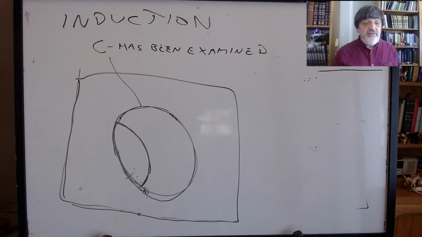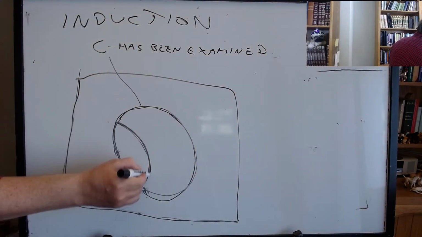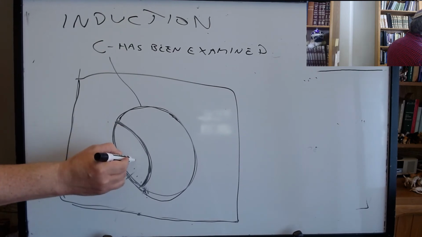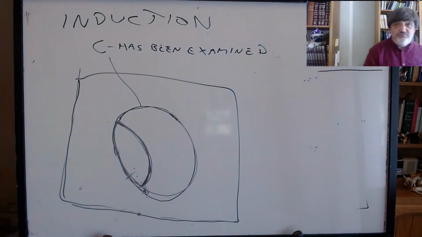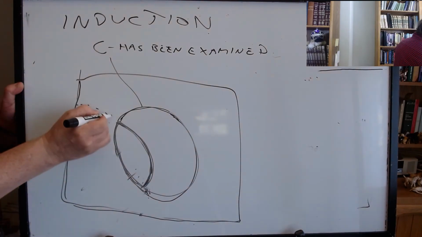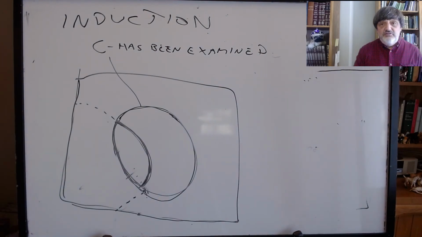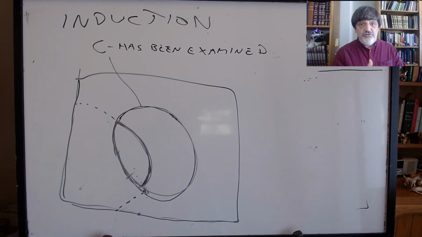We want to project this line between things that have bent when examined under suitable pressure and things that have not bent when examined under suitable pressure out to the realms of things that have not yet been examined. Right? So that's the future to the past part of it.